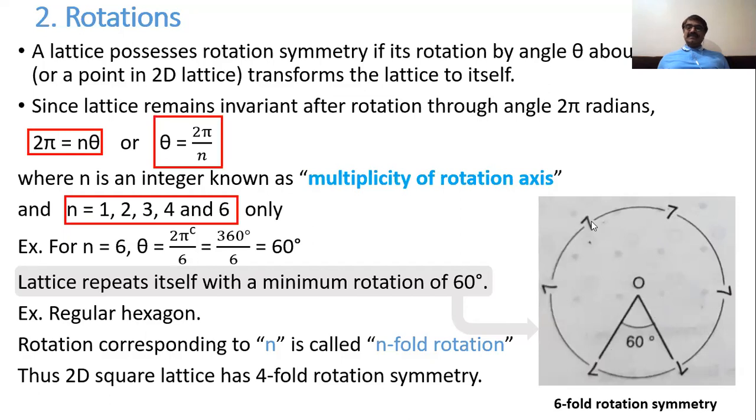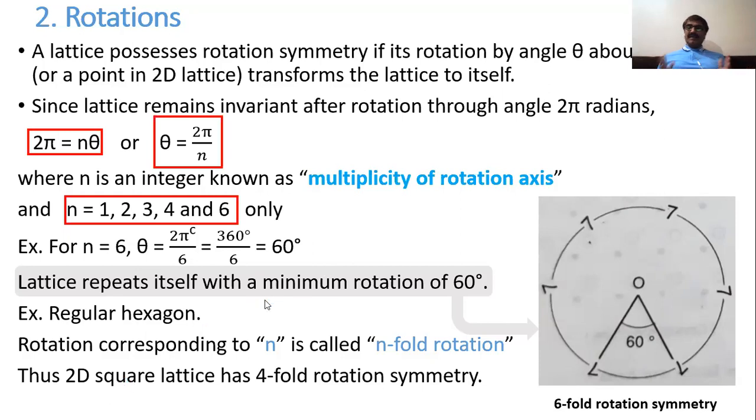So this is an example of theta equal to 60 degree or n equal to 6. You can have a figure that is a regular hexagon. A regular hexagon has n equal to 6 or theta equal to 60 degree.